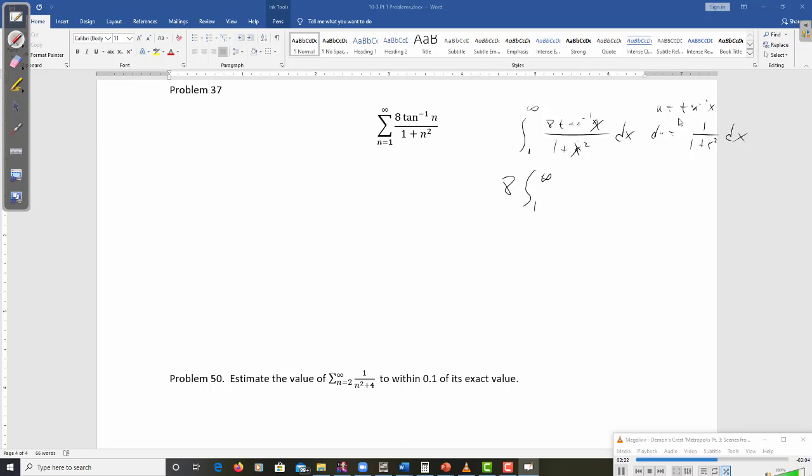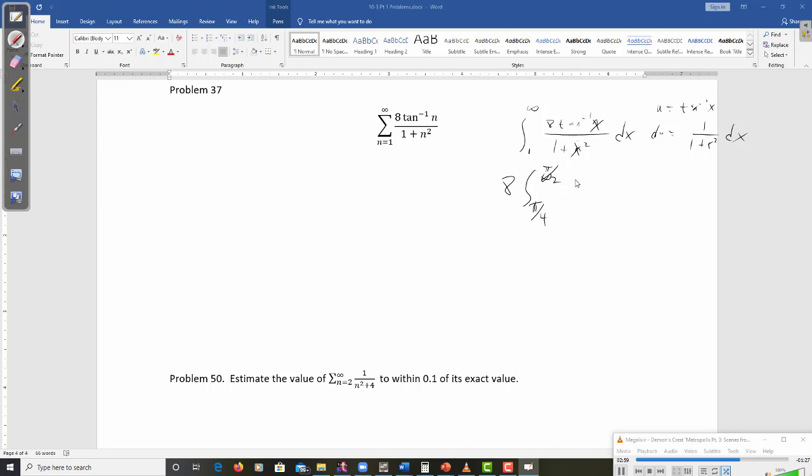I guess I can make that work. Tangent inverse of 1 is pi over 4. And tangent inverse of infinity is, well, it actually goes to the limit as x approaches infinity. That's kind of rough. But the limit as x approaches infinity of tangent inverse is pi over 2. I guess that would be true, considering how we're doing the limits here.